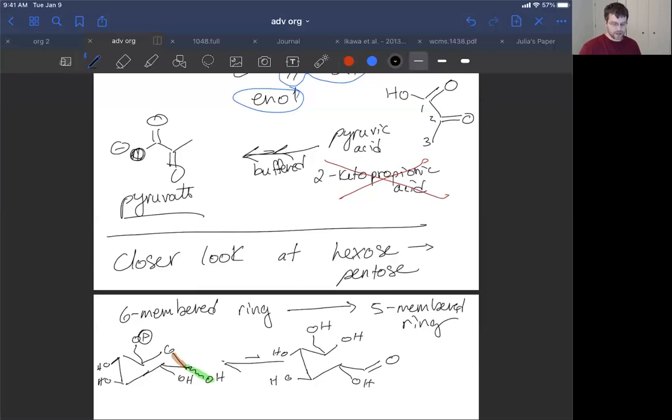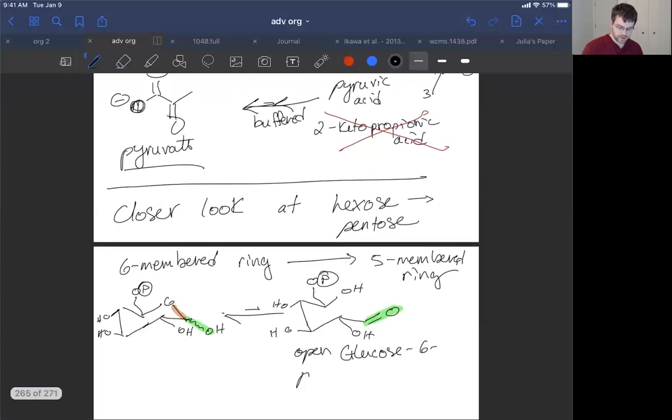Just now I have an aldehyde and an extra OH. So now I have my open form glucose, and whoops, I have a phosphate I need to include, don't I? So this is open glucose 6-phosphate.